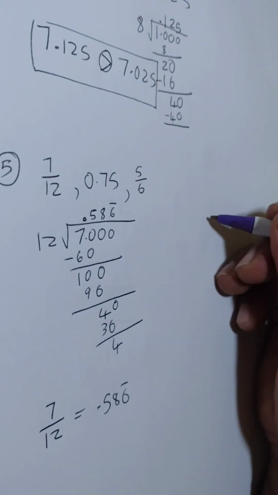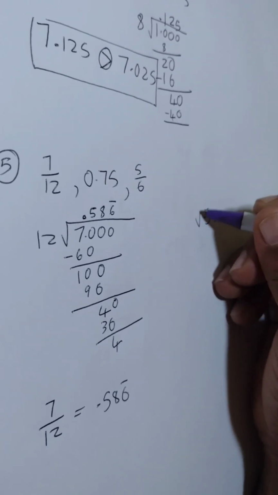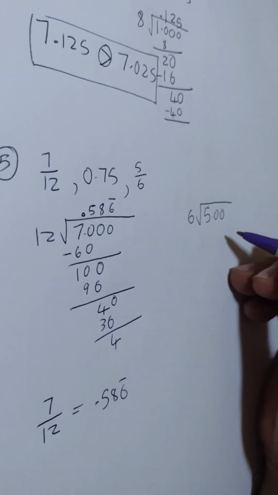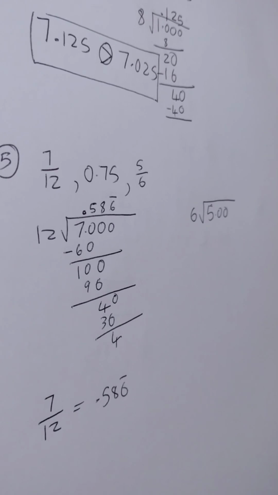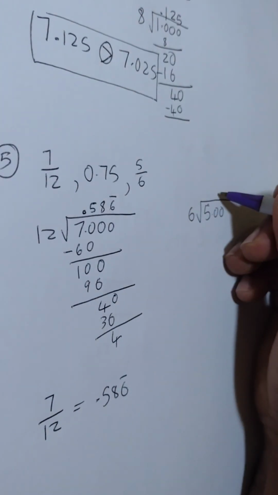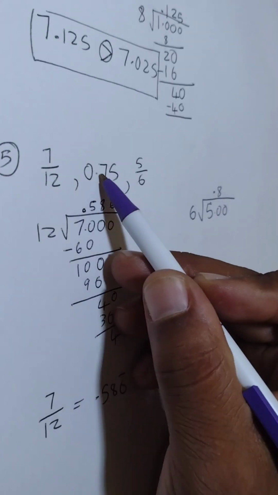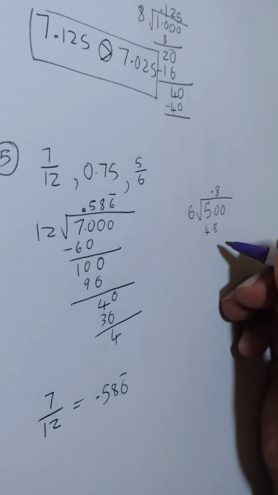Let's look at the 5 over 6 and do that division. 5.00 divided by 6. 6 goes into 50. 6 6s are 36. 6 7s are 42. 6 8s are 48, okay? So it goes into it 0.8 times. Immediately I know that 0.8 is bigger than this, okay? So now I subtract the 48, or the 4.8.